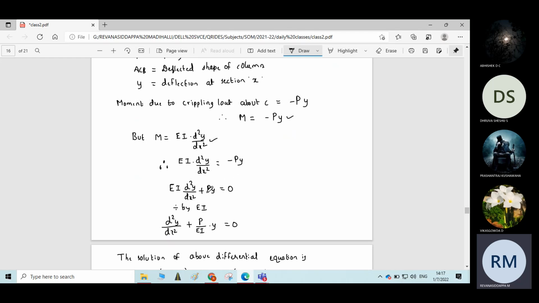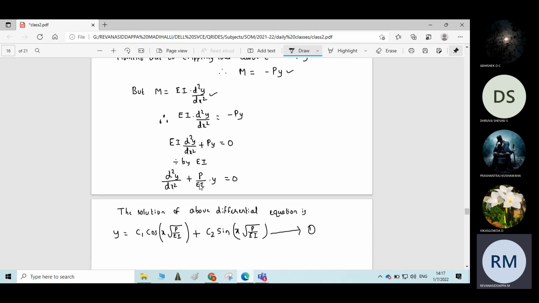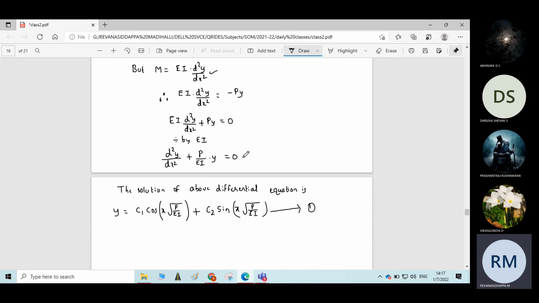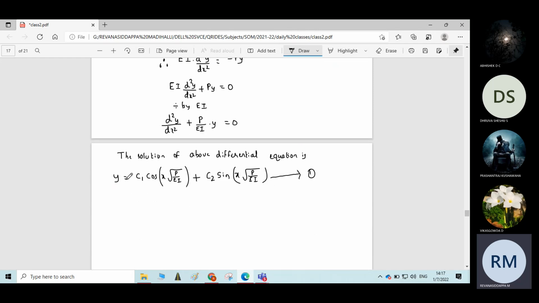Then I have made some simplification of the equation. I have taken Py to the LHS and divided by EI on both sides. By this we got a second order differential equation, for which the solution is y is equal to c1 cos x root P by EI plus c2 sin x root P by EI. This is the first step of the derivation.